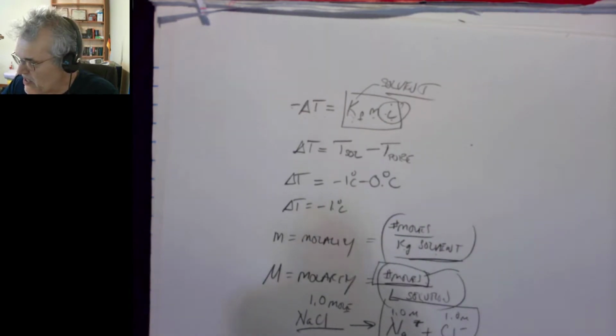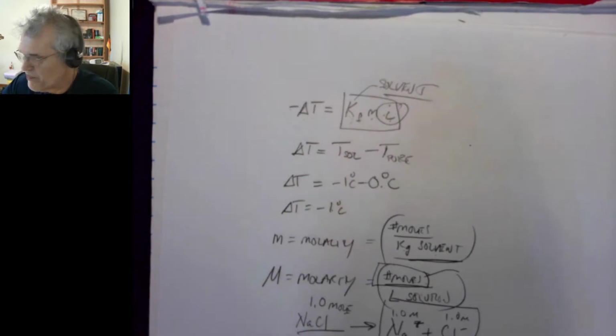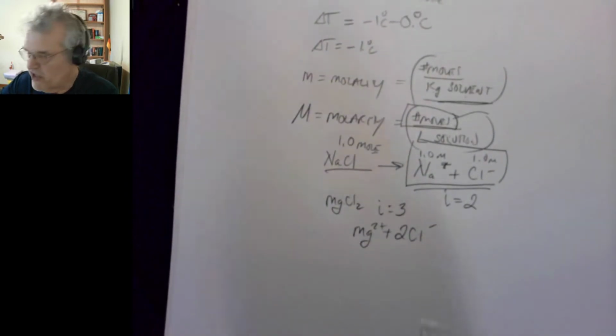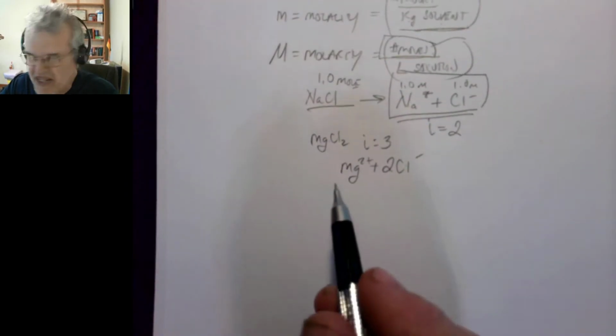If it was magnesium chloride, then it would be a Van't Hoff factor of 3, because this gives me magnesium 2 plus and 2 Cl minuses, so 1 mole of this gives 1 mole of this and 2 moles of that. Even though you couldn't see what I was doing, I will try to pay attention to that.